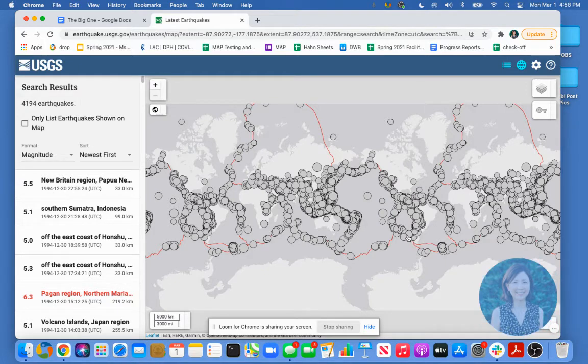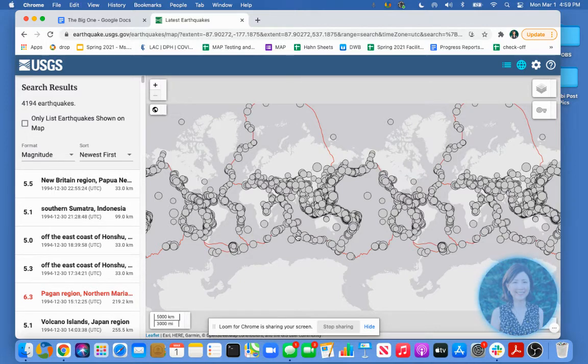But it gives scientists clues that, wow, if all the earthquakes are happening along certain lines, what is that line? Might that be like a crack in the crust?